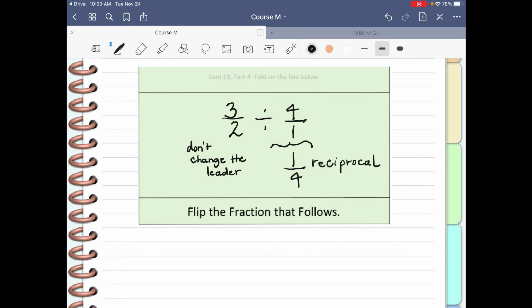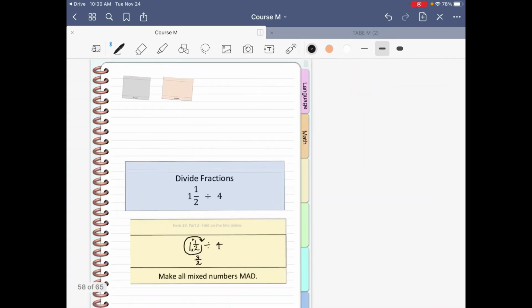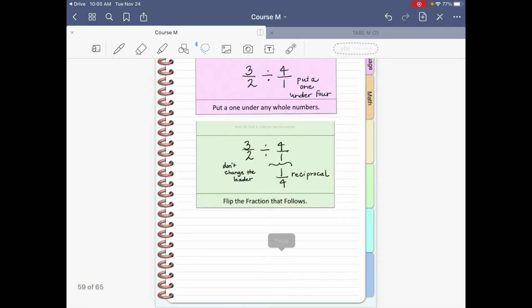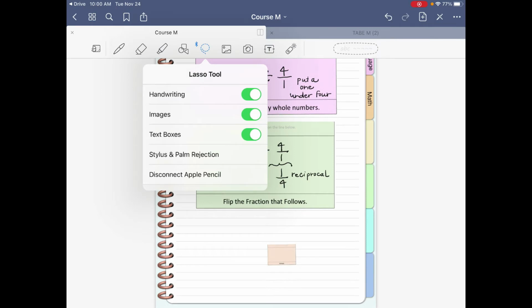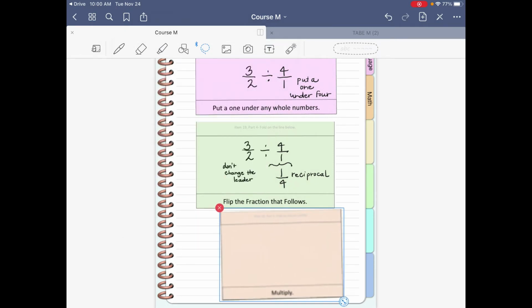Okay, and then I need this orange piece. I'll try to squeeze it in here. I need to adjust it a little bit. There we go. So then we're going to multiply.